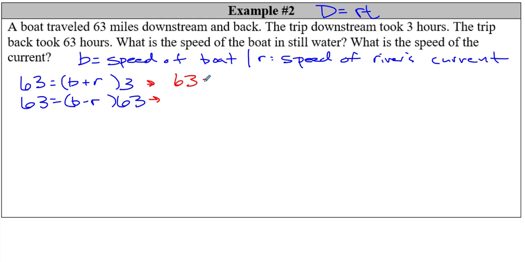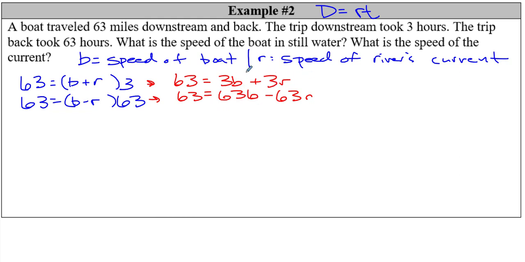So up top we got 63 is equal to 3b plus 3r. And then down below we have 63 is equal to 63b minus 63r.